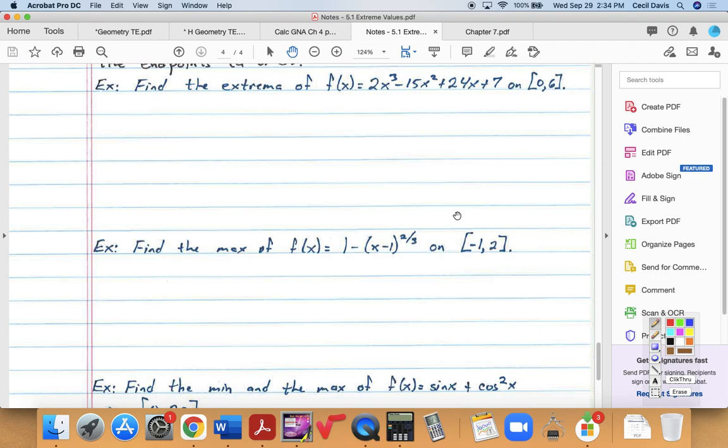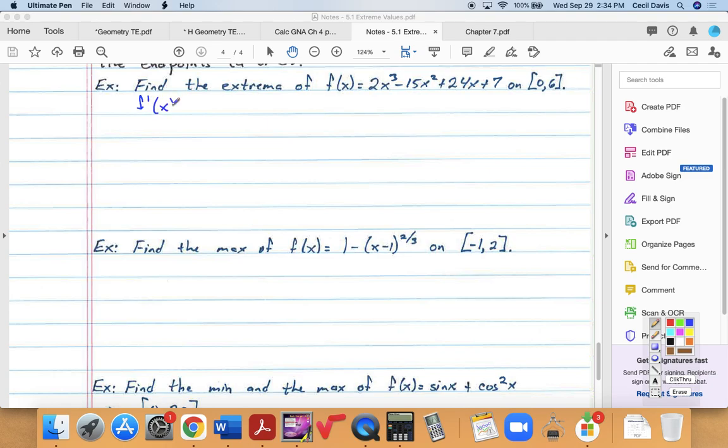So let's do a couple of these. Find the extrema of f of x equals 2x cubed minus 15x squared plus 24x plus 7 on the closed interval from 0 to 6. So we already have two possibilities, f of 0 and f of 6. We need to see, are there other candidates? So to find those, I need to find the critical points.